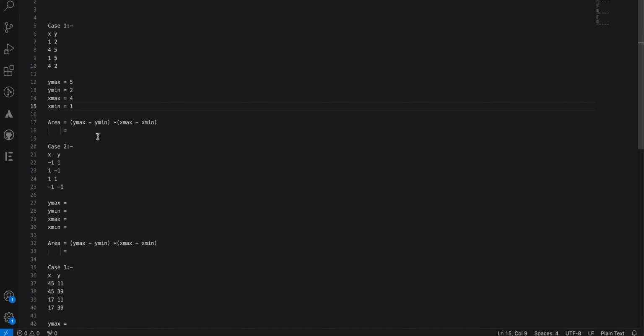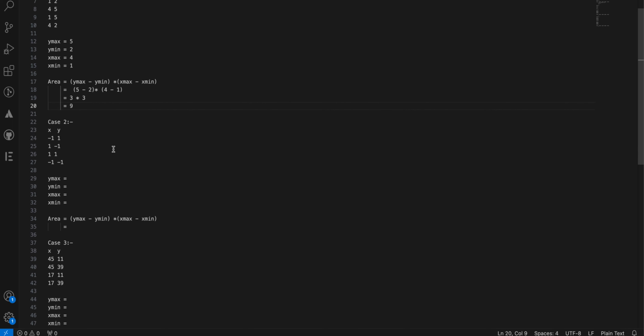So the area will become 5 minus 2 into 4 minus 1. 5 minus 2 is 3, into 4 minus 1 is 3, which will become 9.